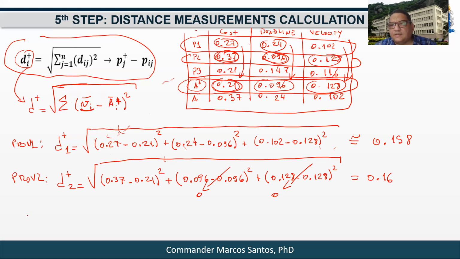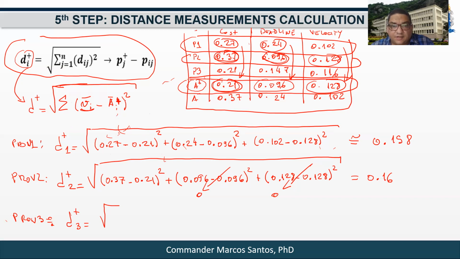And at last, I have provider 3, positive D3, square root, exactly the same way.